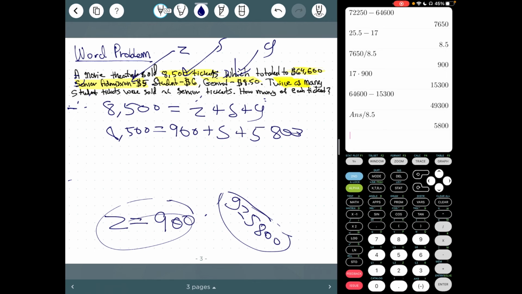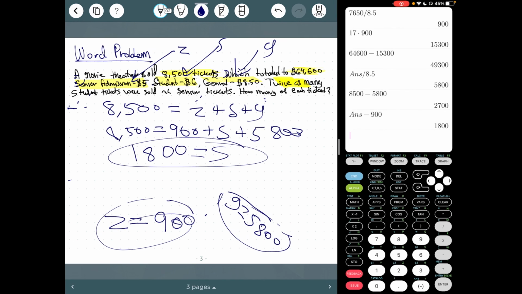So 8,500 minus 5,800 minus another 900 gives us 1,800 equals S. So the student tickets add up to 1,800.